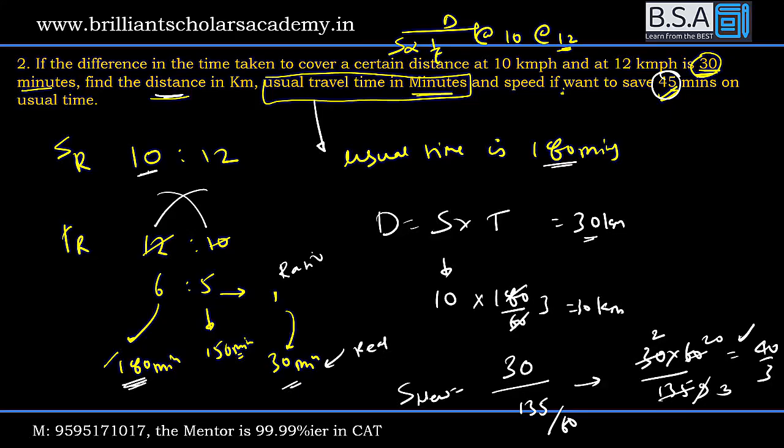Multiplying it by 30. Confirm this, you're done with this. Once I find out time, then I go and find out distance, and then I go and find out the speed new.